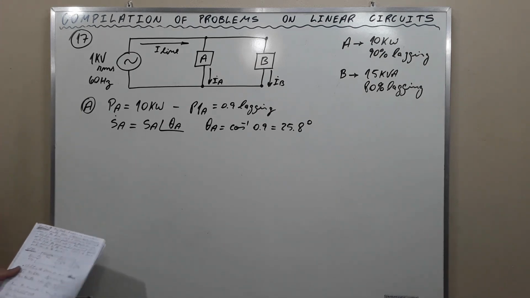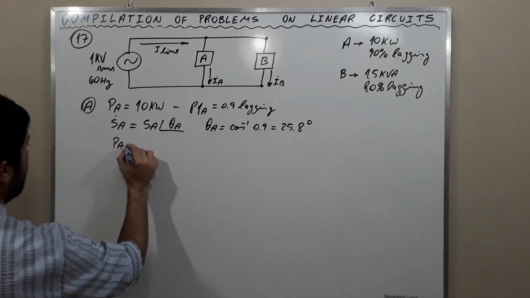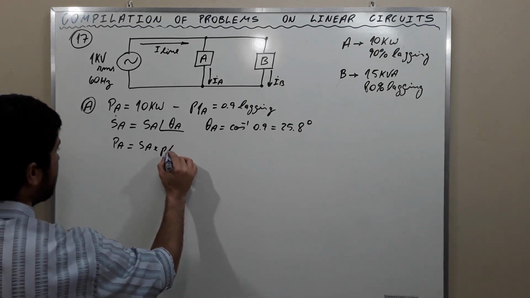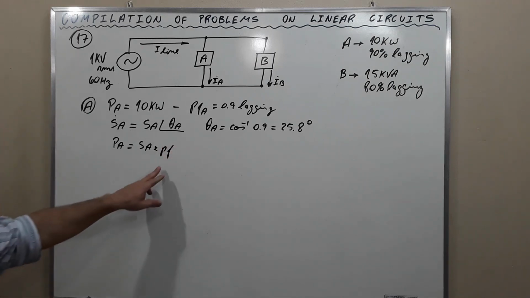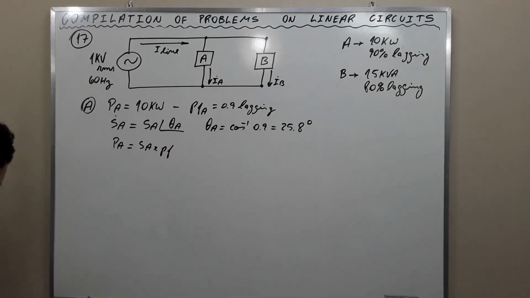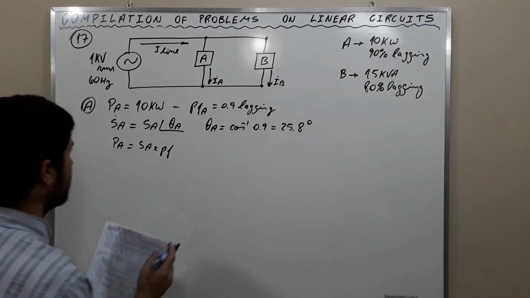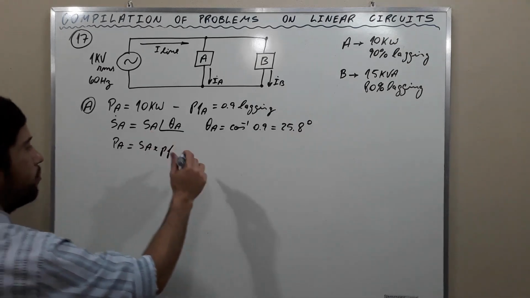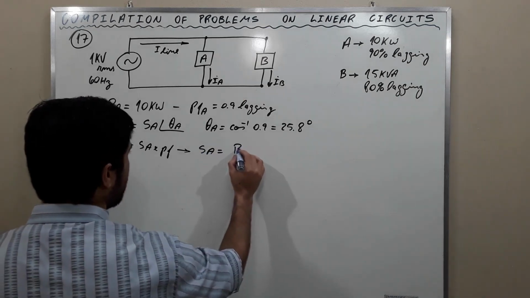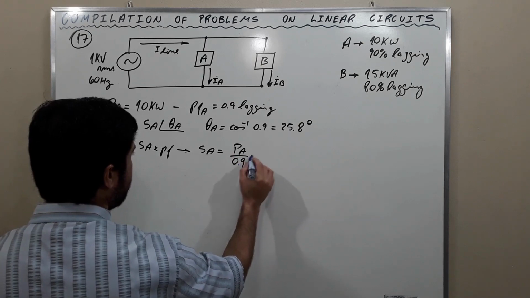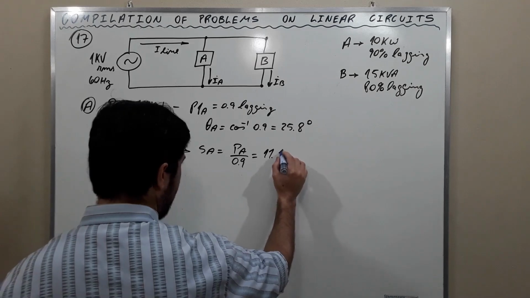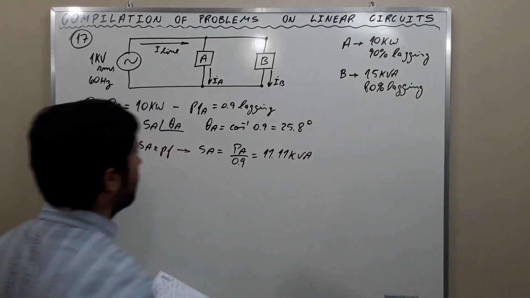Since we know that the real power is equal to the apparent power times the power factor, or the cosine of this angle, we can calculate the apparent power S. It is the real power divided by the power factor, and this gives a value of 11.11 kVA.